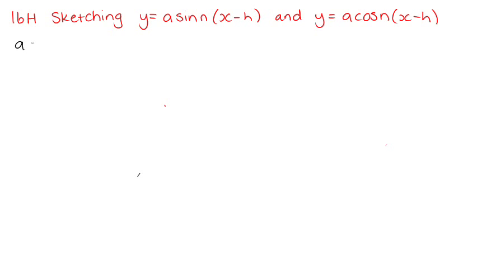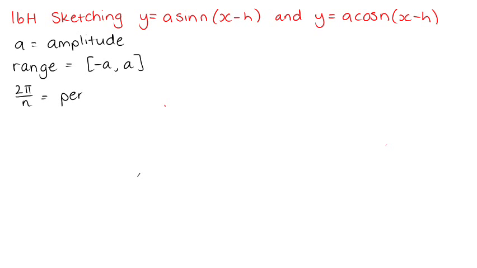So a equals amplitude. The range is still negative a to a. 2 pi over n is still the period.